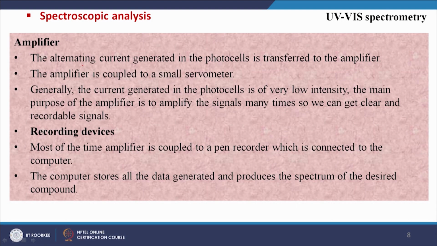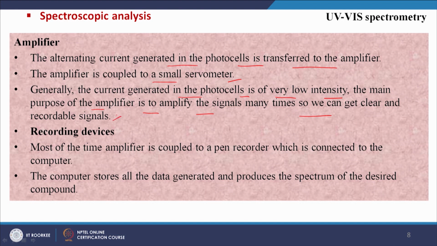So, amplifiers are used. The alternating current generated in the photocells is transferred to the amplifier, which is coupled to a small servometer. Generally, the current generated in the photocells is of very low intensity, and the main purpose of the amplifier is to amplify the signals many times, so we can get a clear and recordable signal.